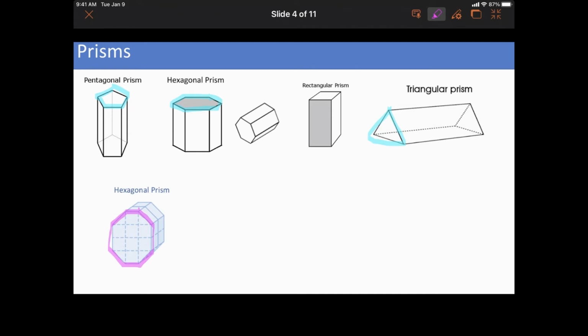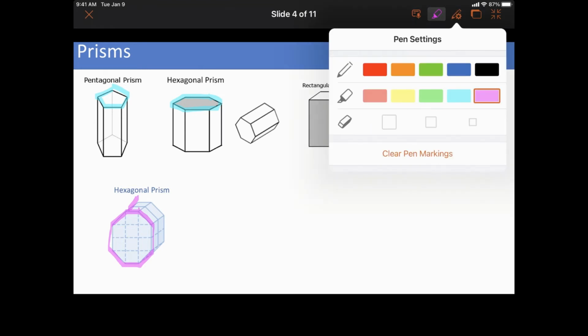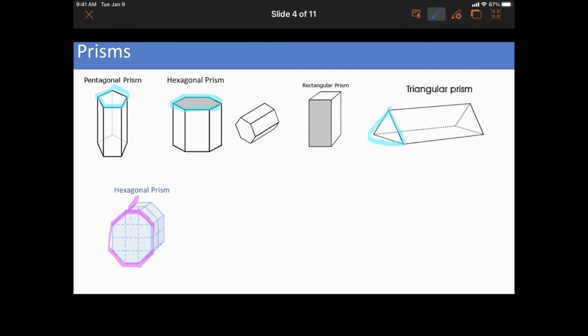And then you can see the height is 2 here, because there's 2 layers of that, right? So you can see that 1, 2, 3, 4, 5, 6, 7, 8, 9, 10. So this is 10 units cubed. Well, that layer is 10 units cubed.